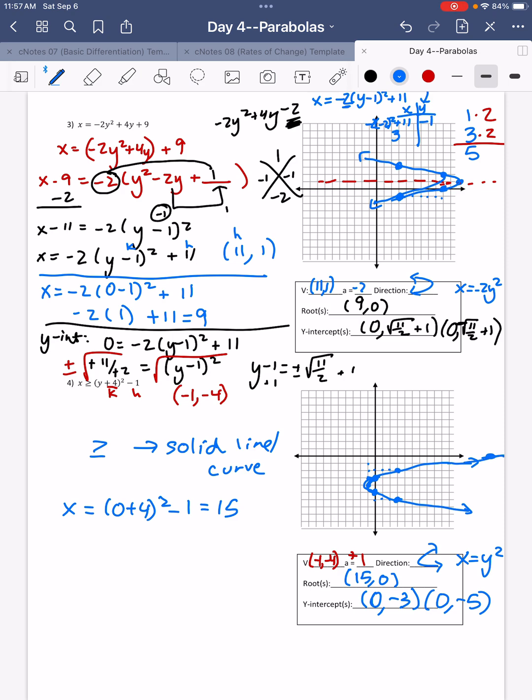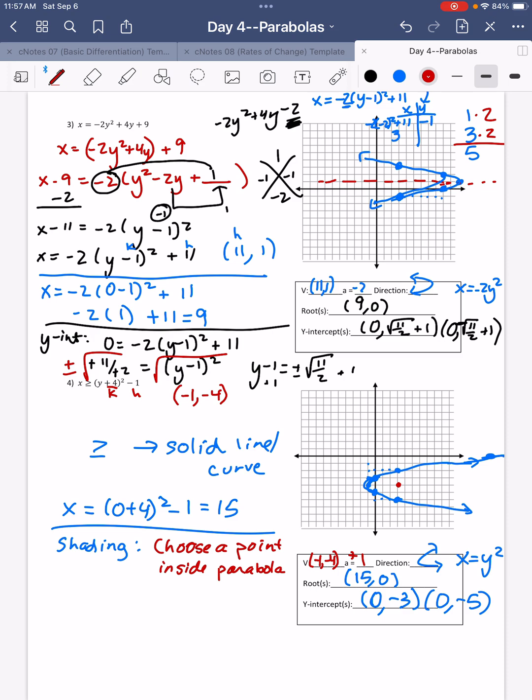And then for shading, what we're going to do for this one, it's x is greater than or equal to. So I'm going to choose a point that's clearly inside the parabola. So for example, I'm going to choose this point right here.